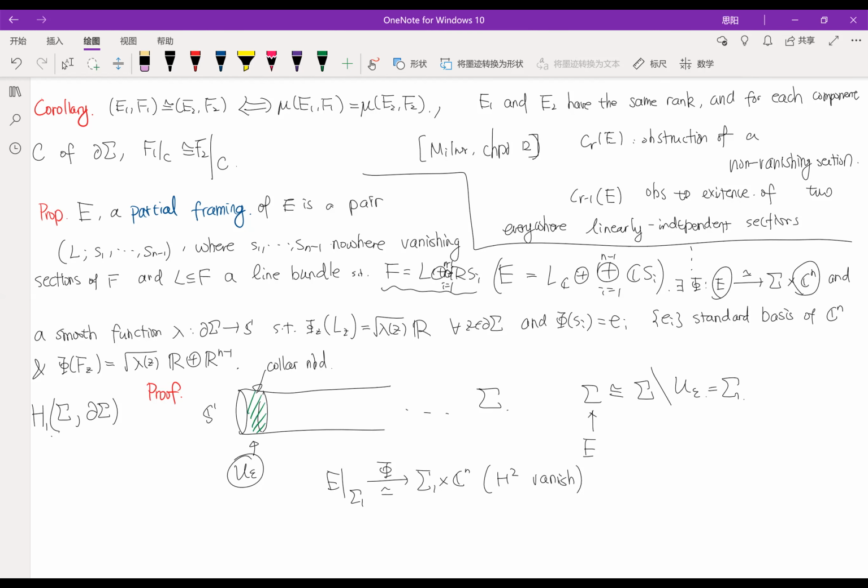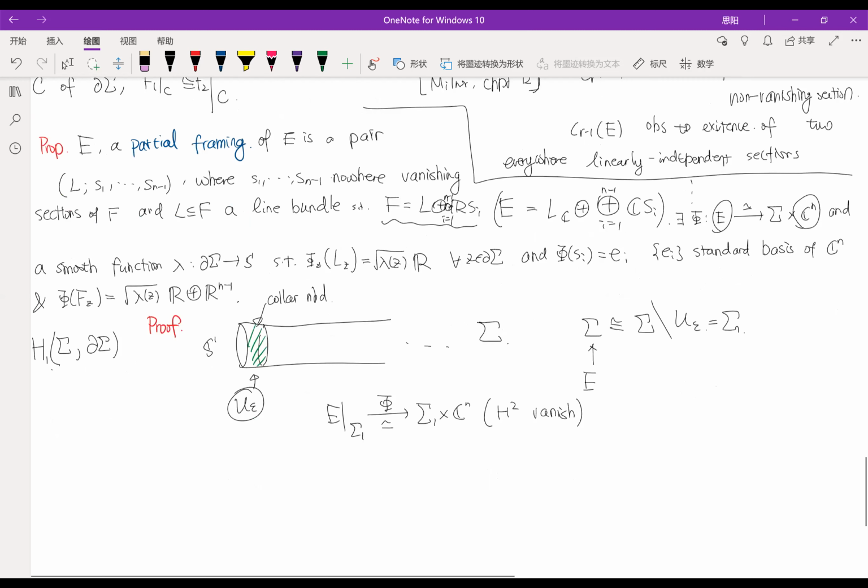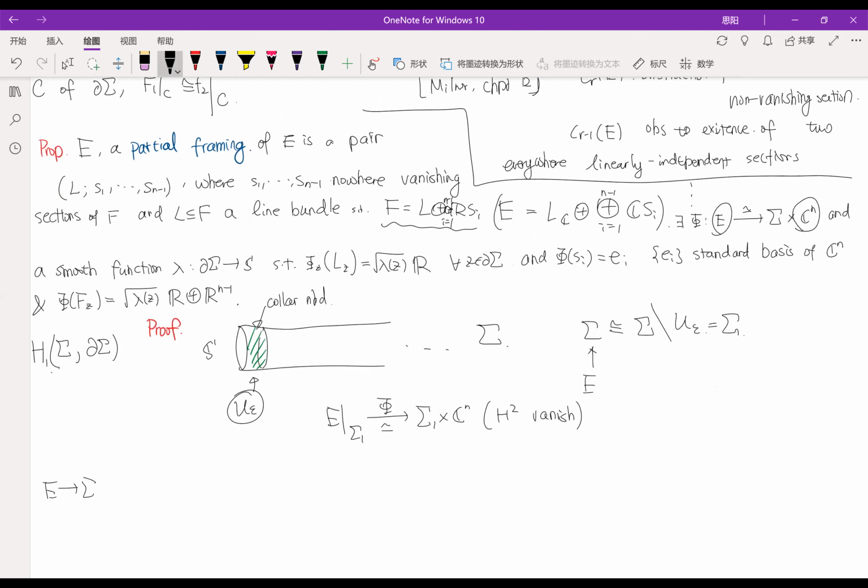Okay, so it is easy to see that E over sigma always has a trivialization to the trivial bundle, but we don't know what the image of F is.